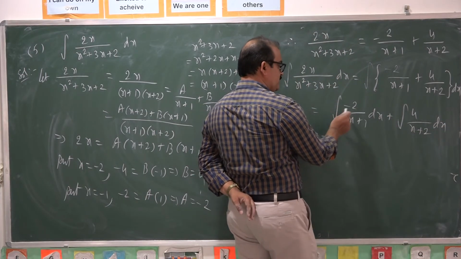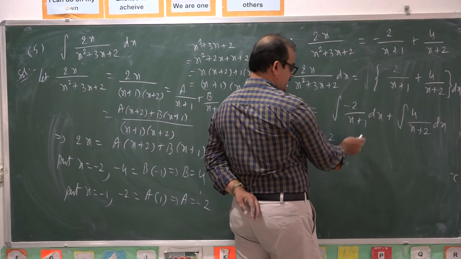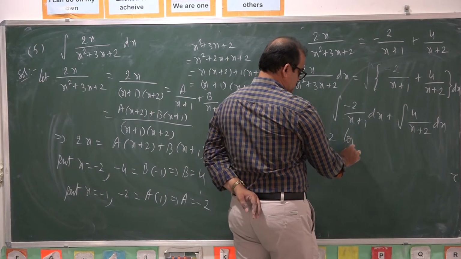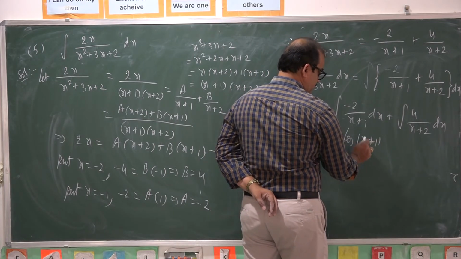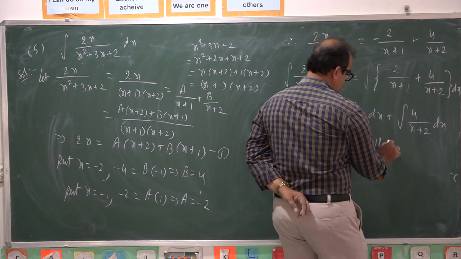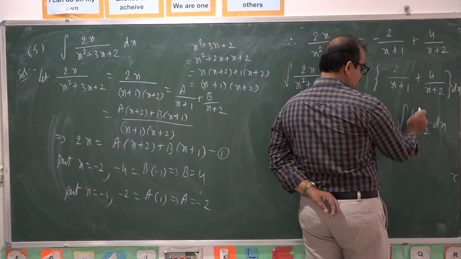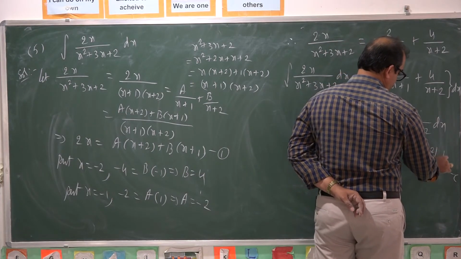Minus 2 into, it is in the form of integral 1 by x into dx. Integral 1 by x is log mod x. So, here it is log mod x plus 1 by derivative of this x plus 1, that is 1, plus 4 into integral 1 by x plus 2, log mod x plus 2, plus c.